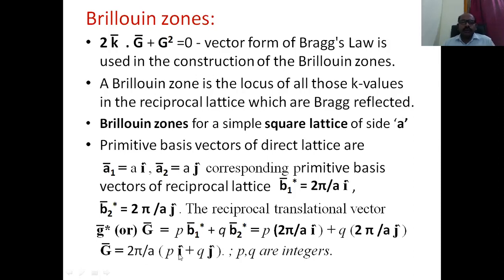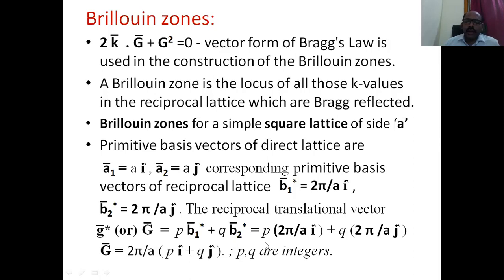Generally in books, instead of p, q, it is written as h, k, l. I have taken p, q, r in order to avoid confusion with k bar and k. Here k bar is the wave vector.